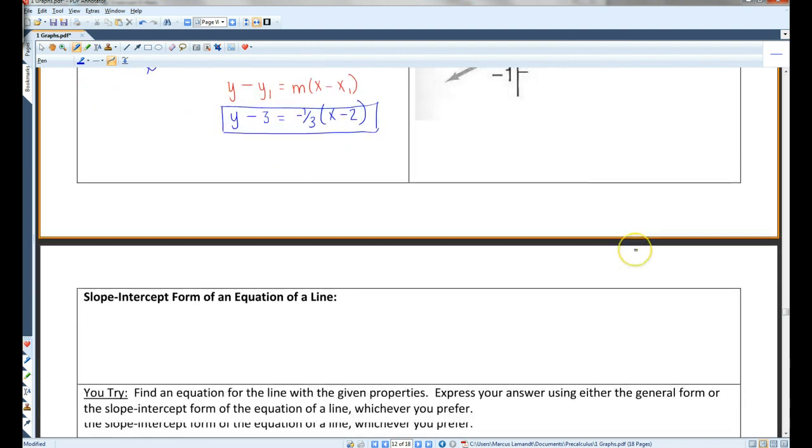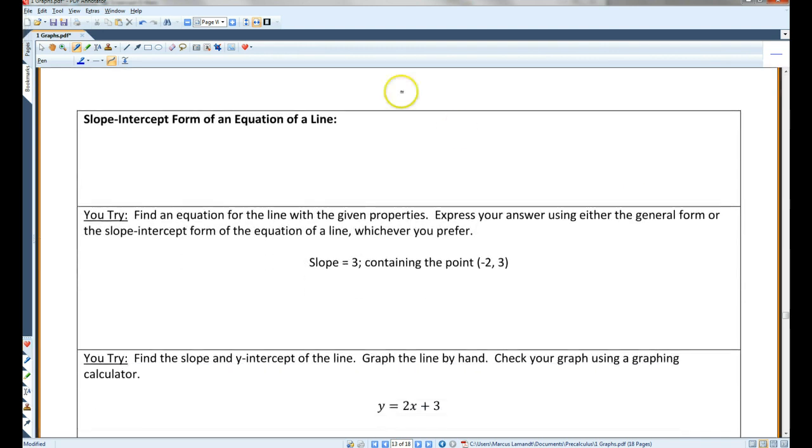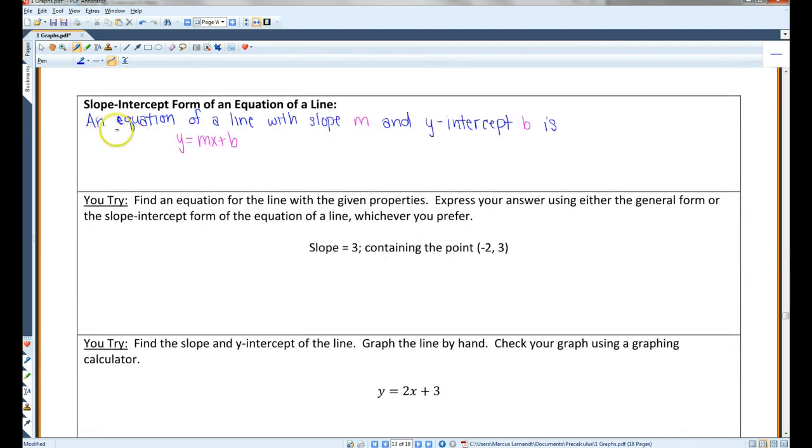Alright, slope-intercept form of an equation. An equation of a line with slope m and y-intercept b is y equals mx plus b. This is the equation that I tend to use if I have a choice.